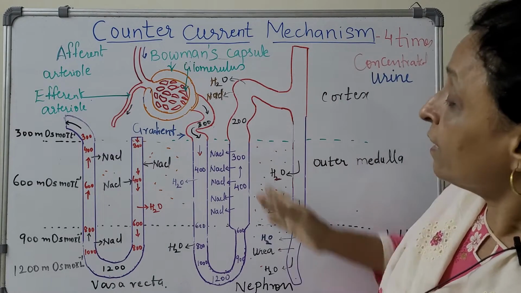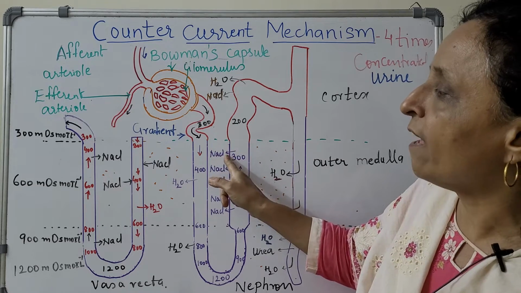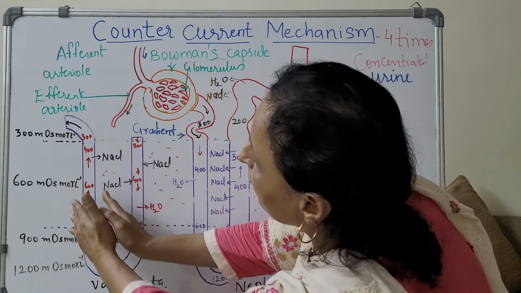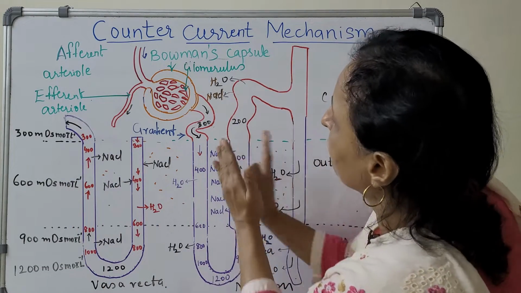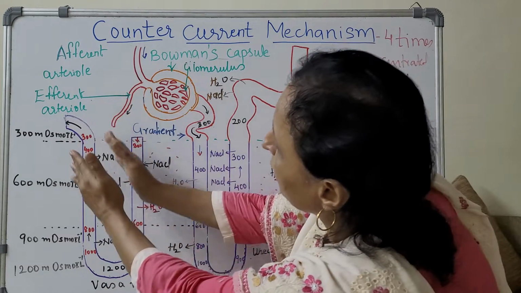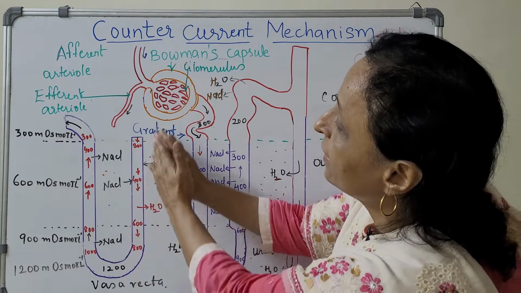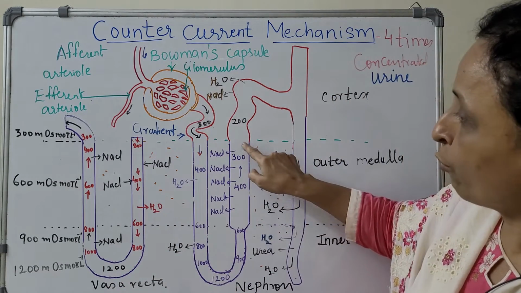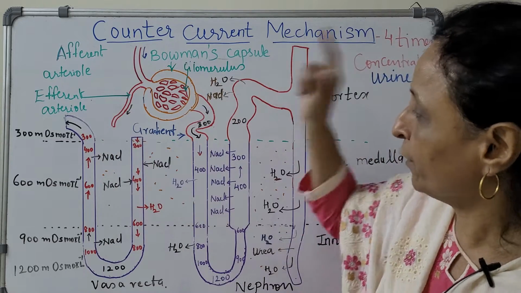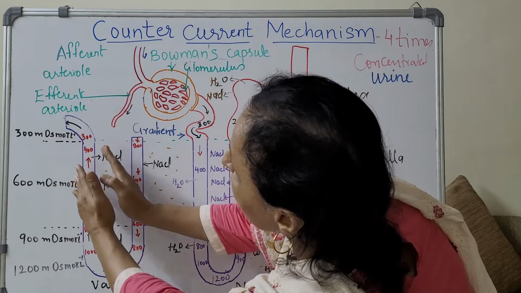Now, this ascending limb is giving out NaCl. This is ascending, which is giving NaCl, so it will go into the descending. Ascending will give to the descending. Now this descending will give to the ascending of the vasa recta. So the ascending limb will go to the descending vasa recta.